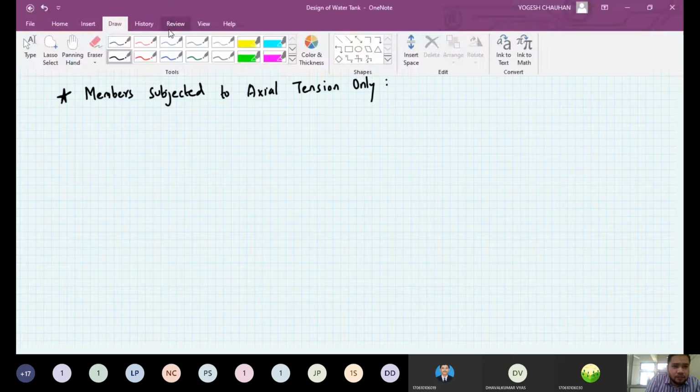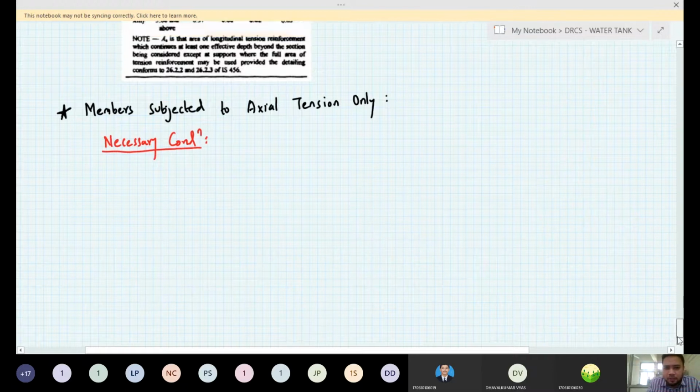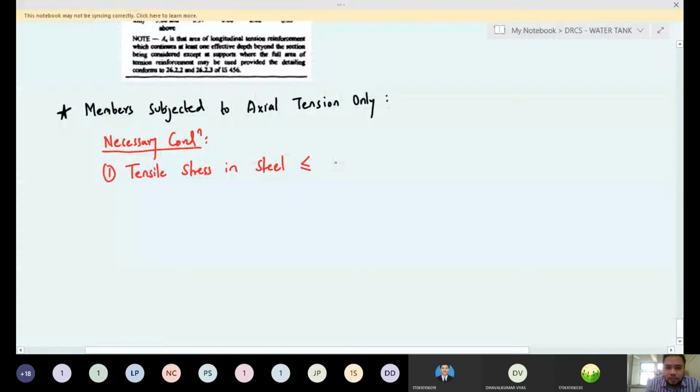So the necessary condition for the design of such components is: number one, the tensile stresses in steel should be less than or equal to the permissible tensile stress in steel.